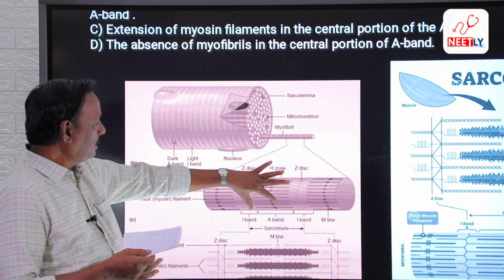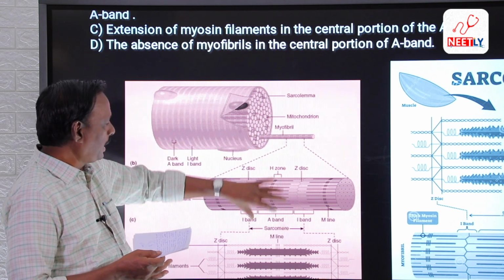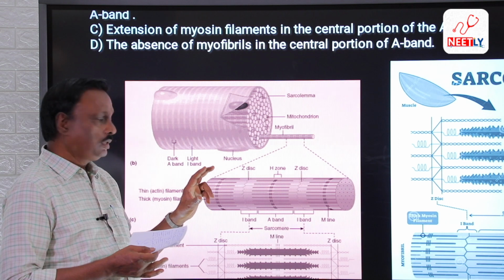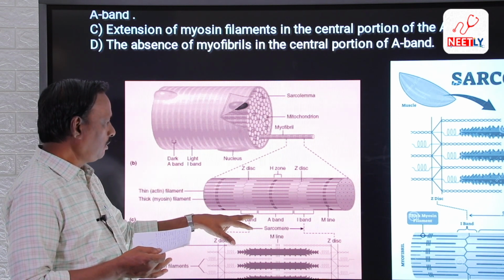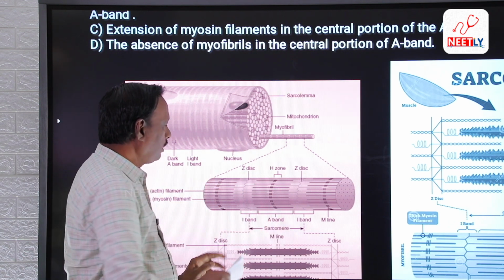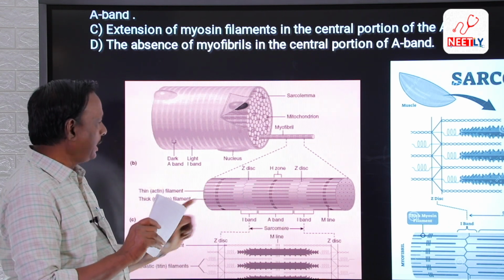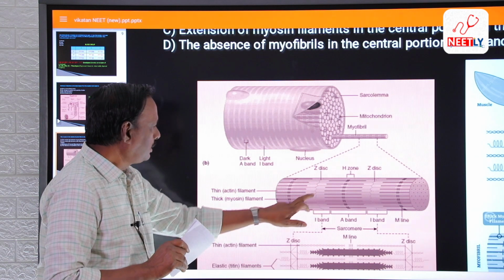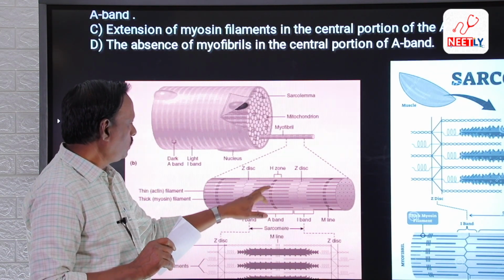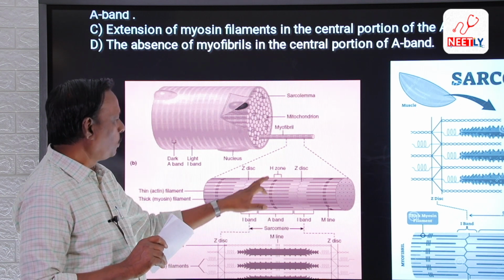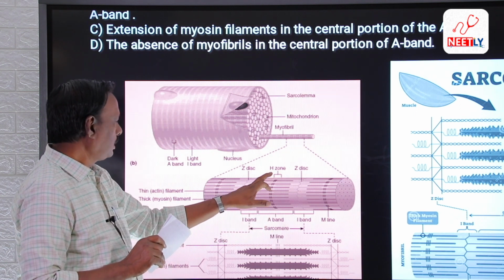In the A band, both thick filaments and thin filaments are distributed on either side of it, but in the middle region there is no actin filament, only the thick filament is available.